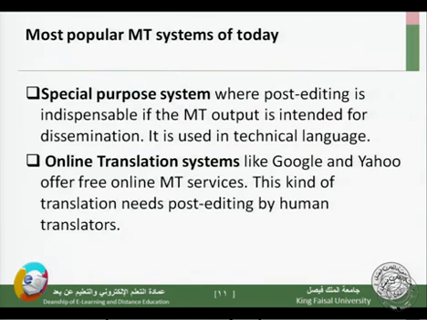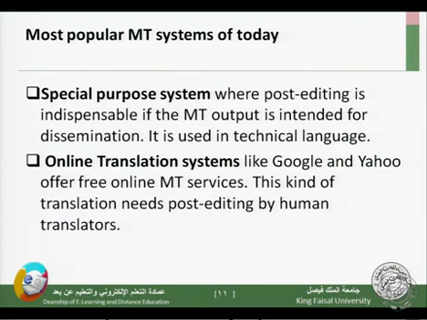Now, what are the most popular machine translation systems today? Well, the majority of you probably know them and use them. Now, we have two types. The most popular ones: we have special purpose systems, where most editing is indispensable if the machine translation output is intended for dissemination.